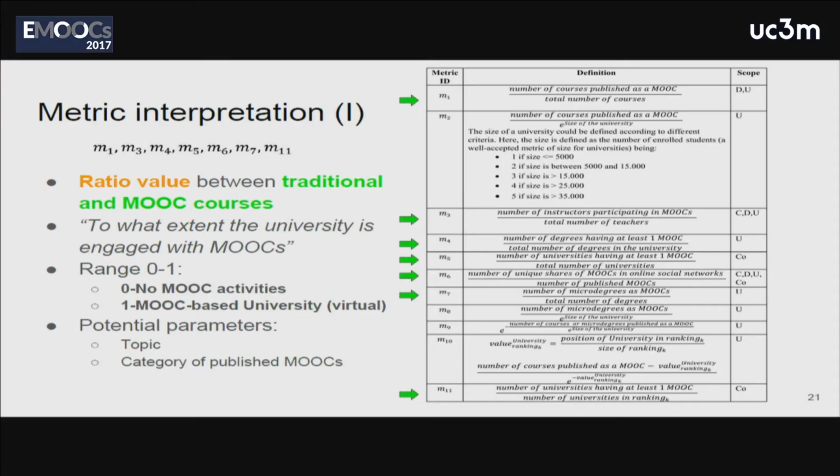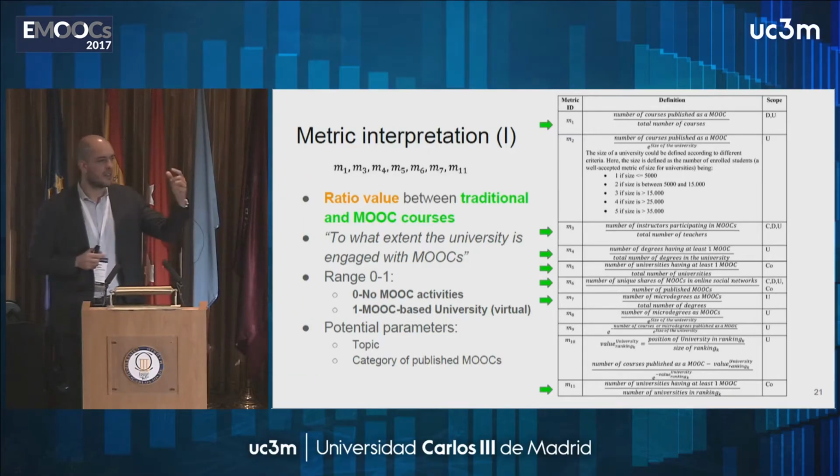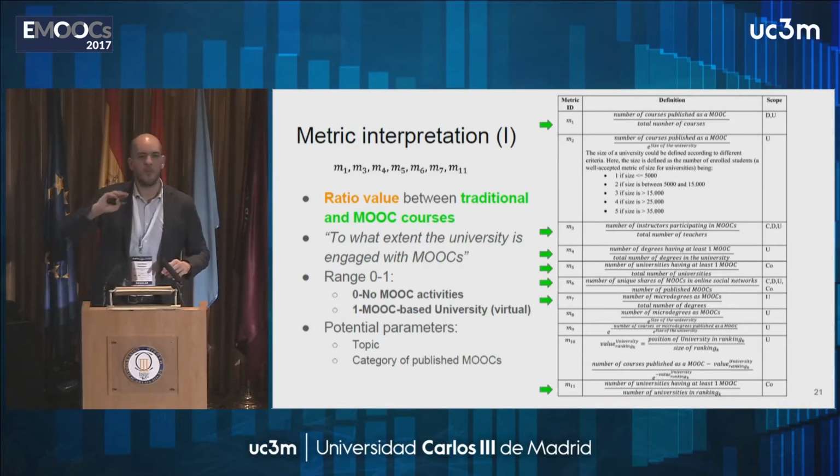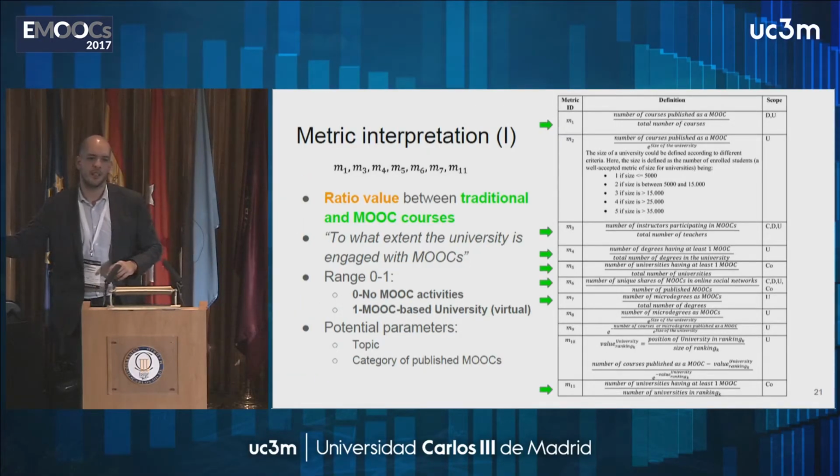The first one just is a relative value to compare those traditional activities in comparison with the MOOC courses. So we want to answer the question to what extent some university, some entity is engaged with digital technologies from MOOCs. So the range 0, no MOOC activity, 1, the complete digital university.